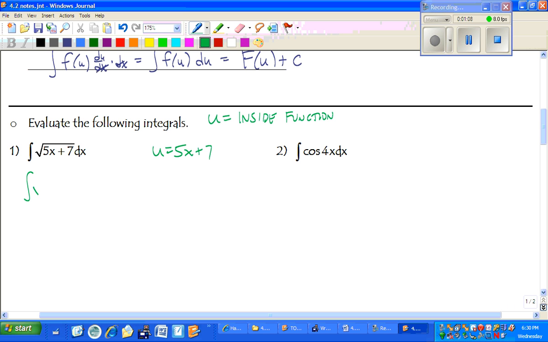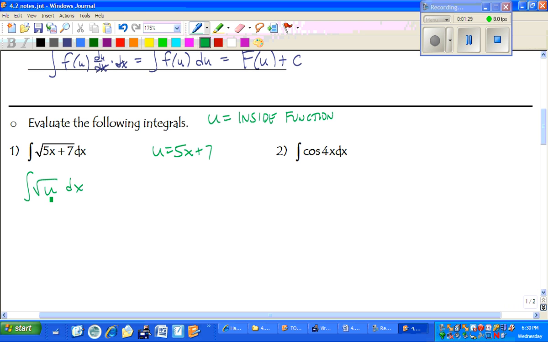Now, if we do that and that's it, we run into a problem, because right now we have the antiderivative of square root of u dx. Remember the other day, a lot of people were asking, what's up with that dx? Do we have to do the antiderivative of that? Why is that there? Remember, it tells us what variable we're doing the antiderivative in terms of.